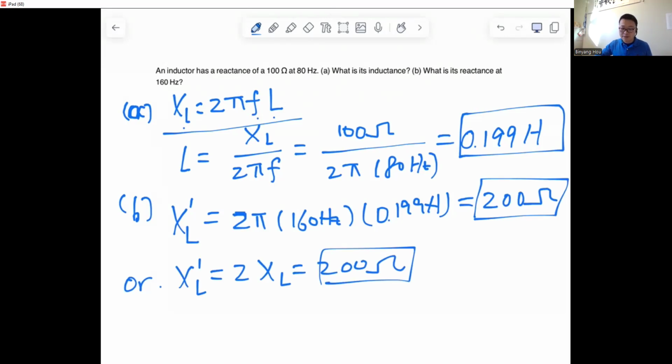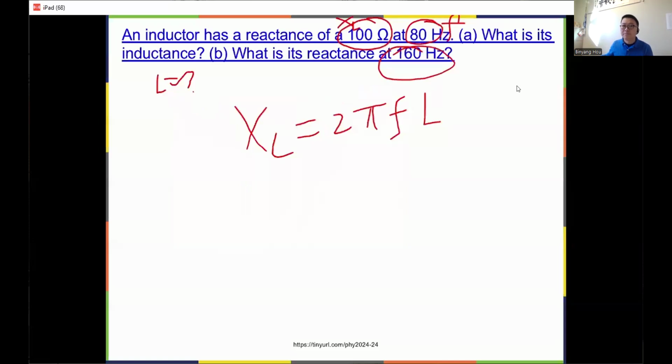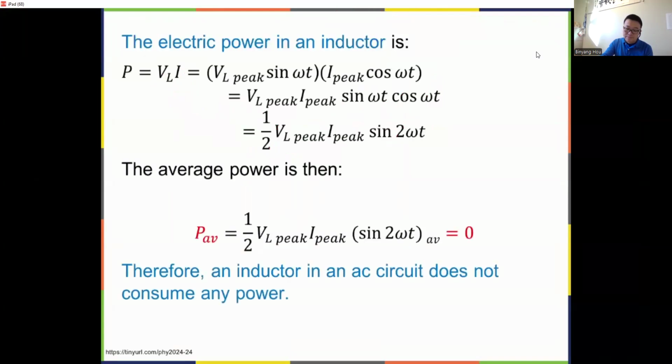Okay, so let's go back to the slide. Now let's take a look at the power consumed by the inductor when it's in the AC circuit. The power we can do as voltage times I, using one of the three normal expressions. V is a sine function with a peak value.